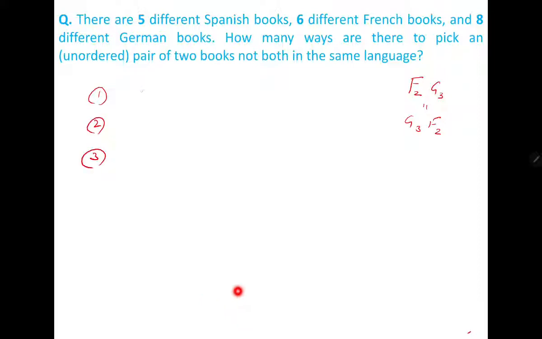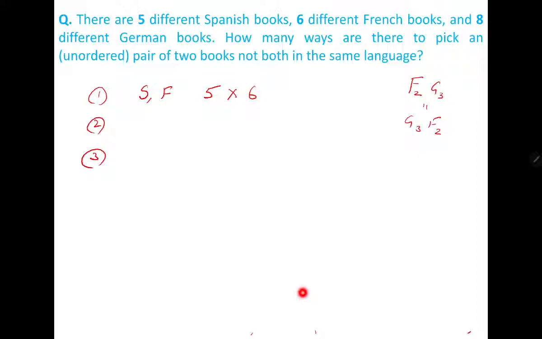The first case is I pick a Spanish book and a French book. For the Spanish book, I have 5 possibilities, and for the French book, I have 6 possibilities. In total, I have 5 cross 6 possibilities.